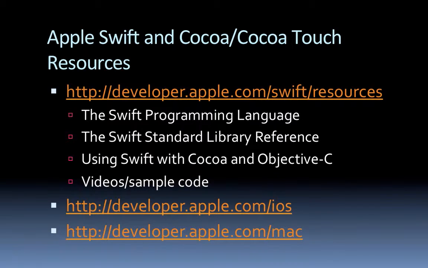Now, once you get into development with Swift in the context of iOS and OS X, you're going to want to visit the respective developer centers for iOS and Mac respectively.